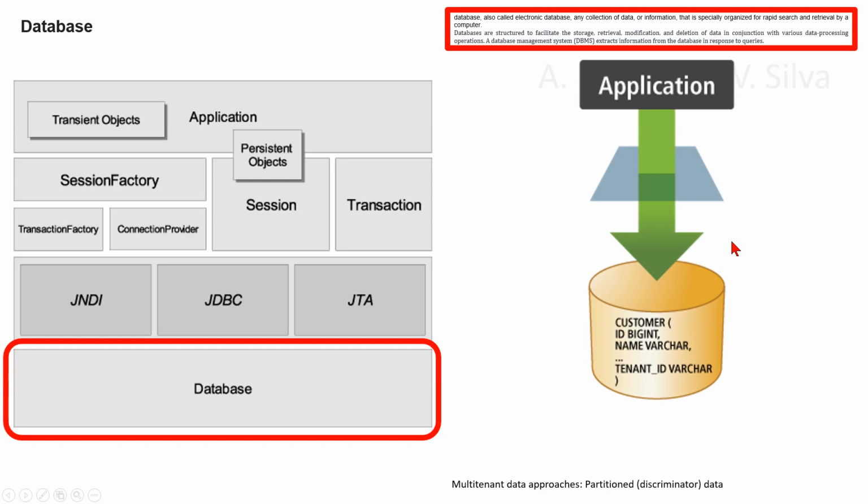Again, this approach would use a single connection pool to service all tenants. However, in this approach, the application needs to alter each and every SQL statement sent to the database to reference the tenant identifier discriminator. Here, the application is connected to the database.